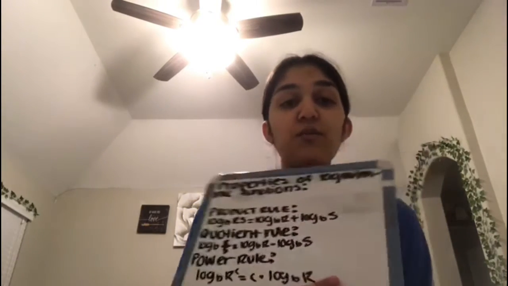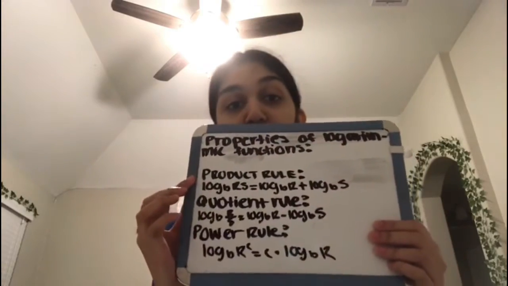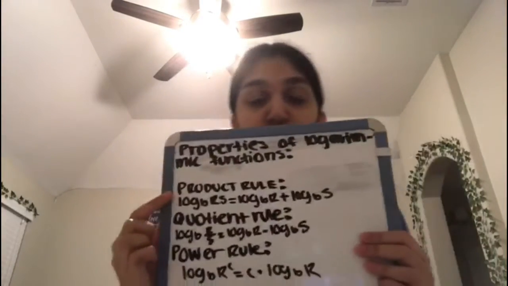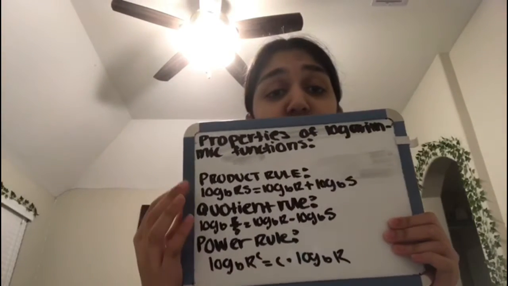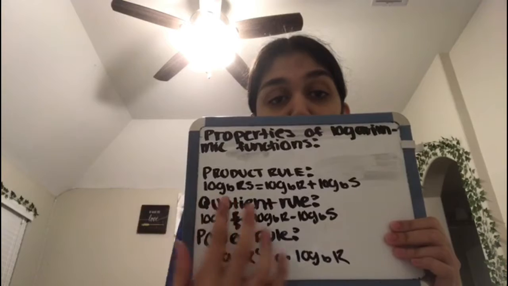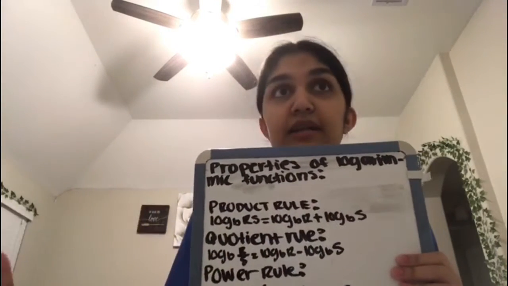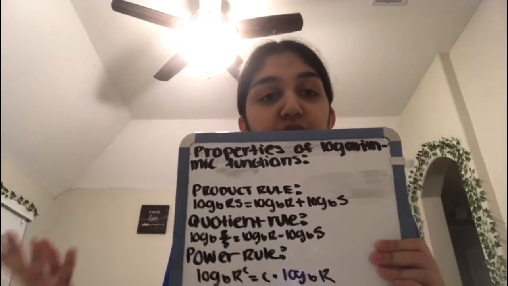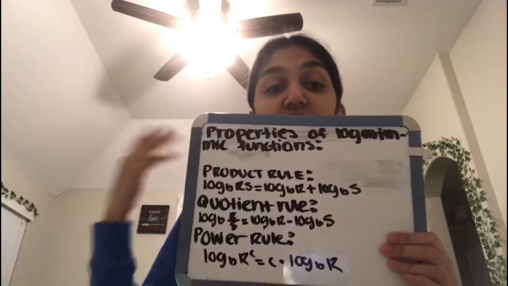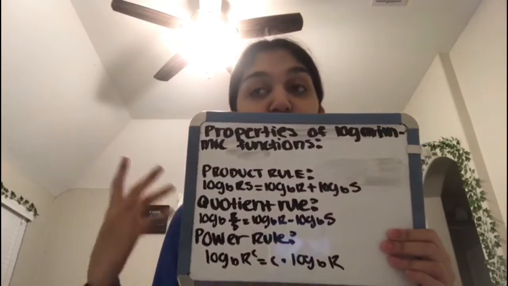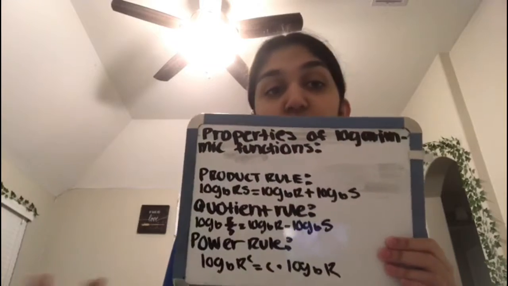So these are mostly the three main rules you should know about. The product rule. So the product rule is basically log base b. Most likely log is evaluated as log base 10, but sometimes in some equations they would change it to log base 16 or log base 2.